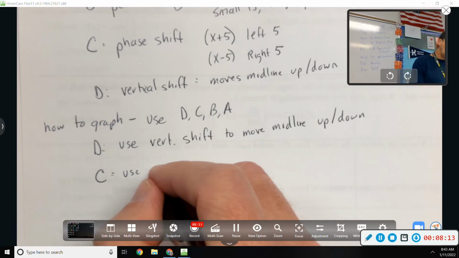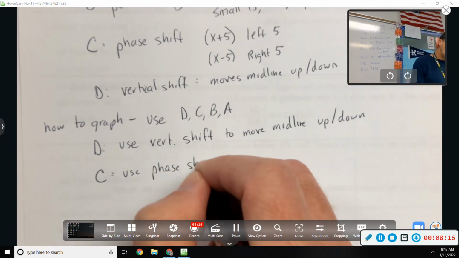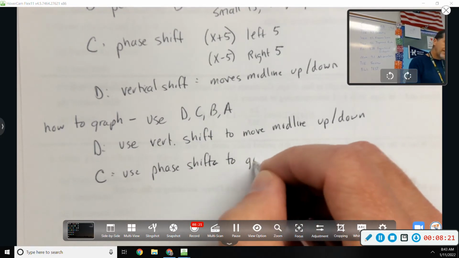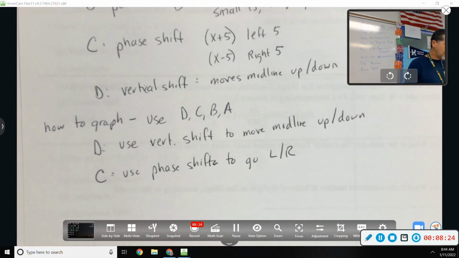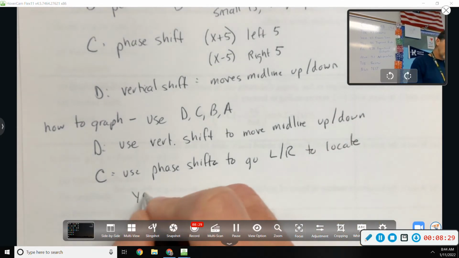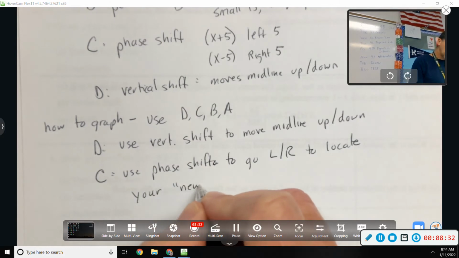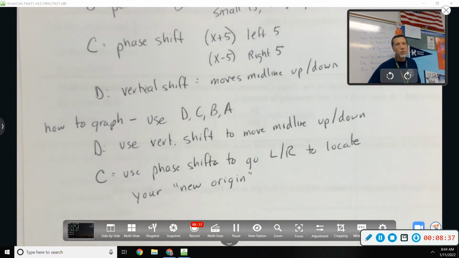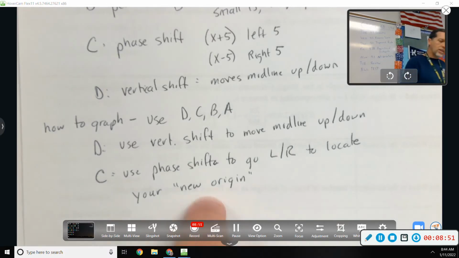And then with C, use the phase shift to go left or right, to locate what we call the new origin, kind of the new starting point. Because we're not going to start at the origin if we've got a shift left, right, or up, down. So the combination of C and D will help us locate a new origin.